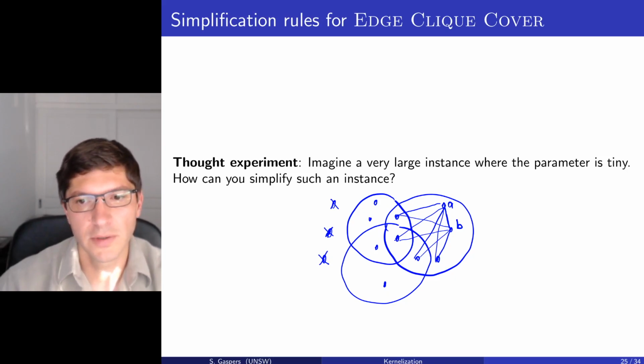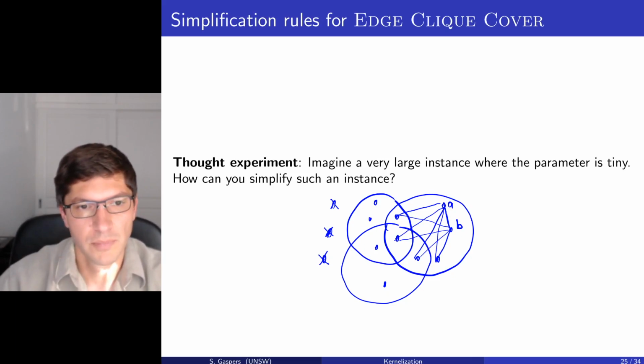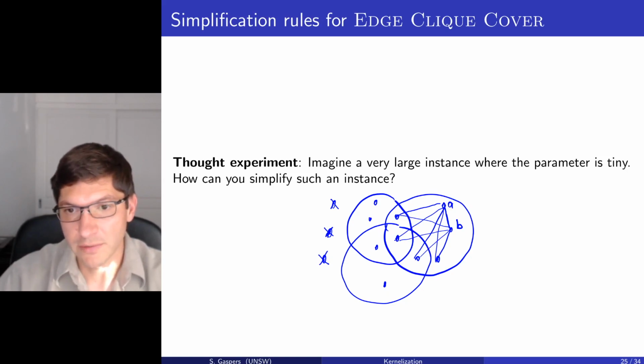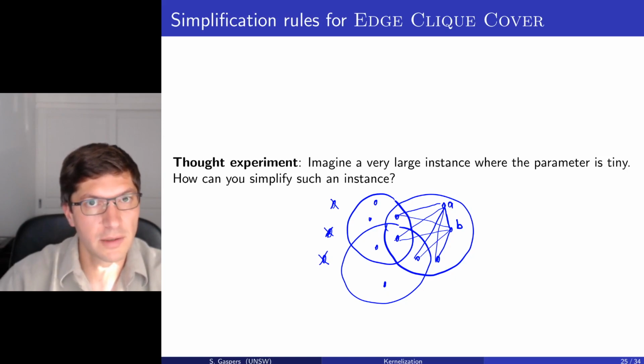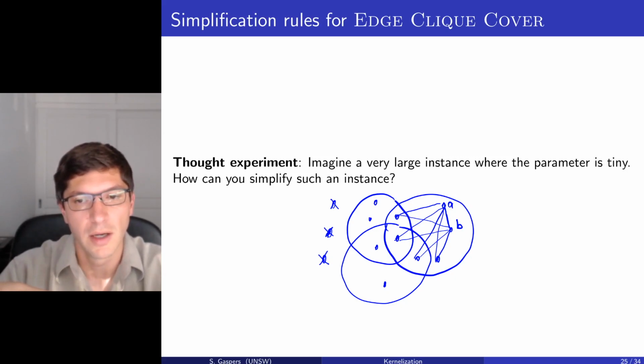Okay, so we can observe that A and B have the same neighborhood. Because they are exactly in the same cliques, we know exactly which neighbors they have: they are adjacent to everyone that occurs in the same clique. If they were in multiple cliques, then again they would be adjacent to everybody in those cliques and to nobody else.